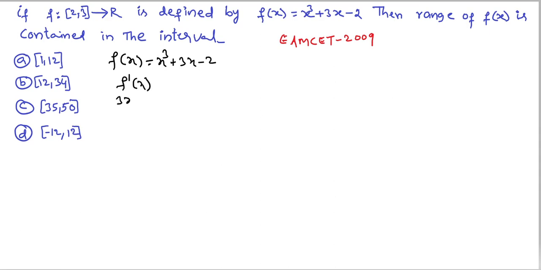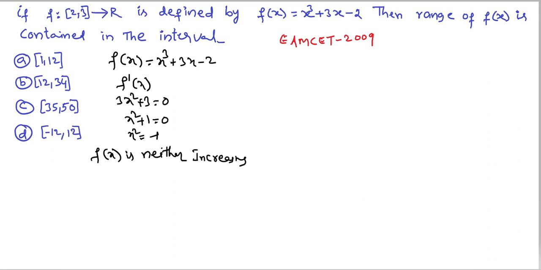That means 3x square plus 3 is equal to 0. X square plus 1 is equal to 0. From this x square is equal to minus 1. That means f of x is neither increasing nor decreasing. No values of f of x.